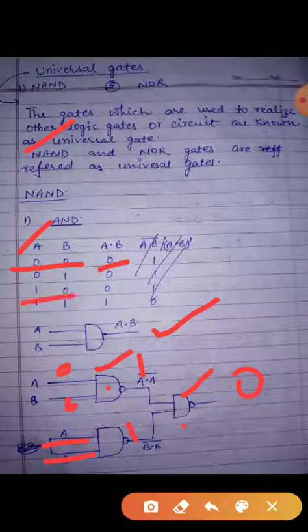Now take the third one, 1 0. A is 1, B is 0. AND is applied first and then NOT, because this is NAND. So 1 0 comes into the AND gate and then is reversed: 1 0 gives 0, reverse is 1.